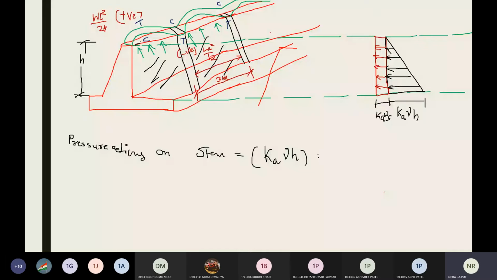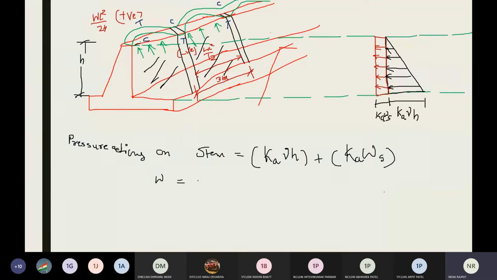This one is the constant. Plus K into Ws, and Ws is in kilonewton per meter square. So you can find the pressure acting on the stem. Pressure in terms of UDL load per meter is acting throughout the stem. So this will be your W value.